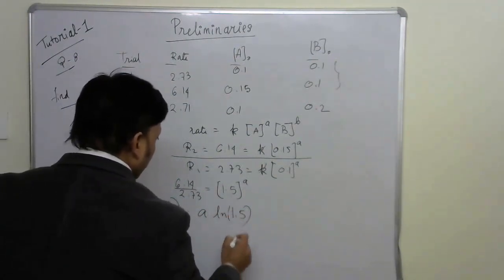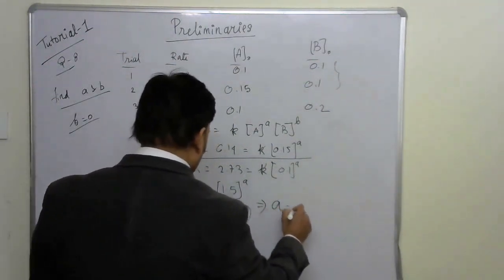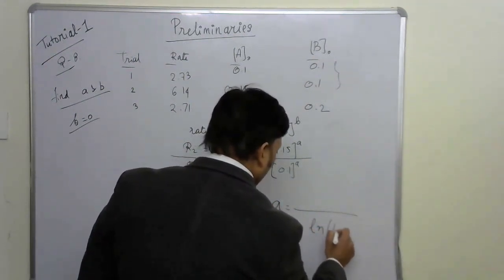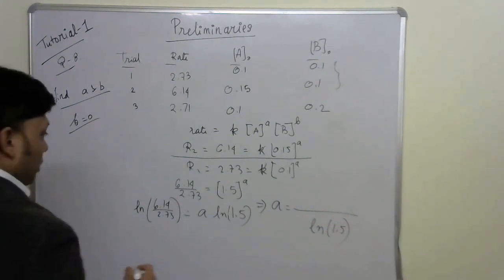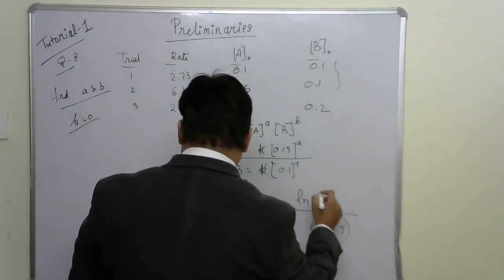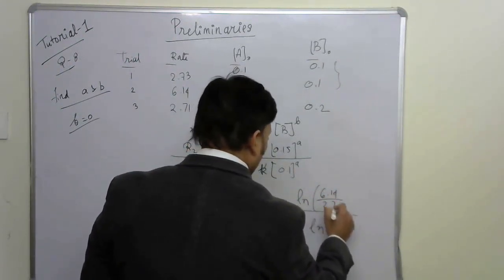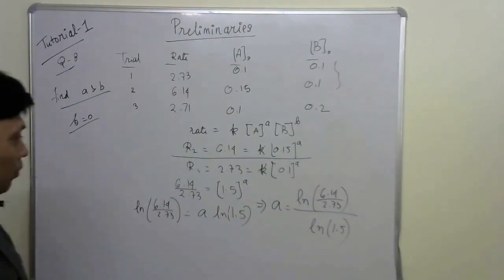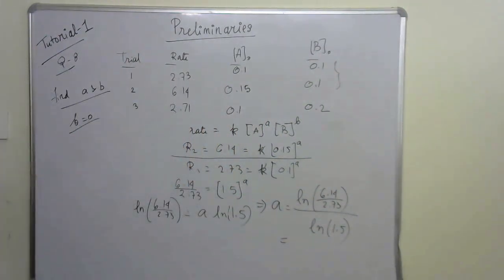Therefore, a is equal to ln(6.14/2.73) at the top, and at the bottom we have ln 1.5. Now we should solve it and try to find the order.